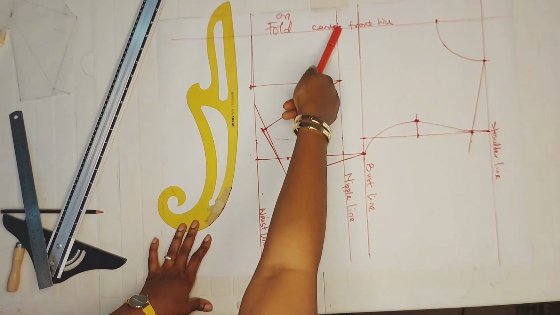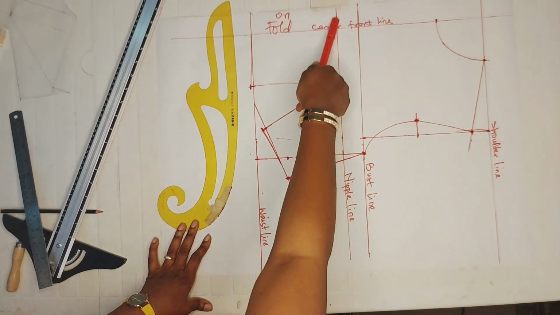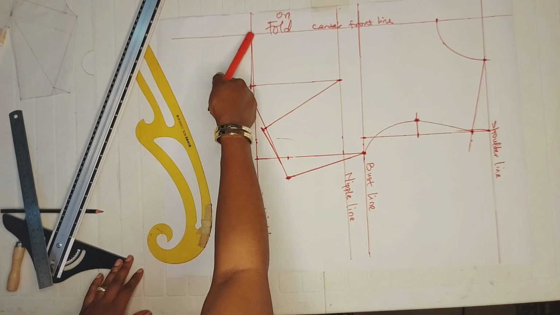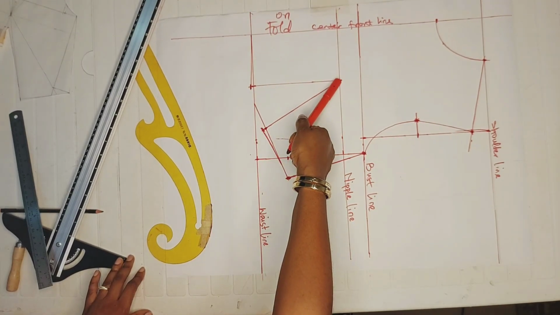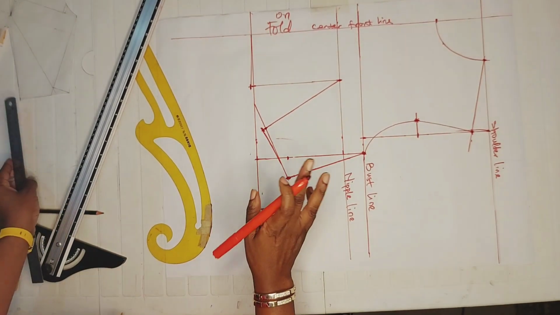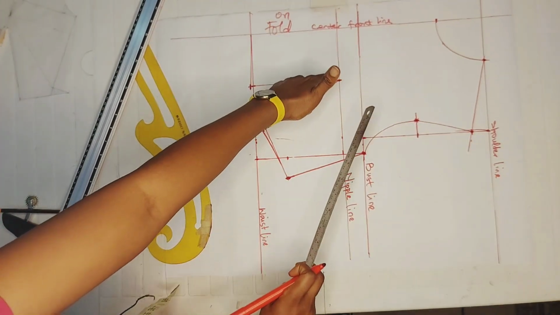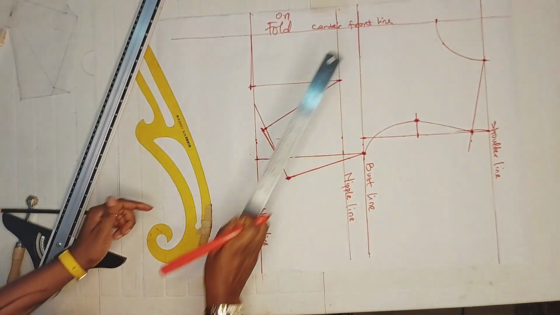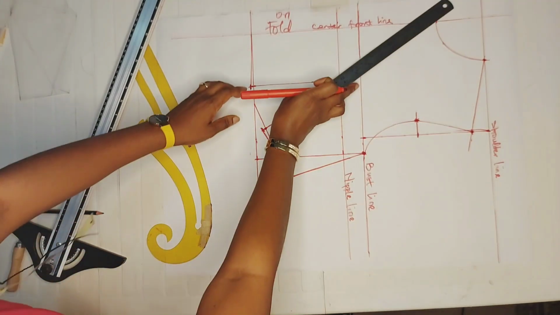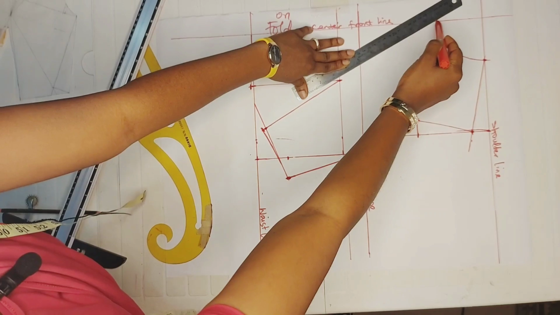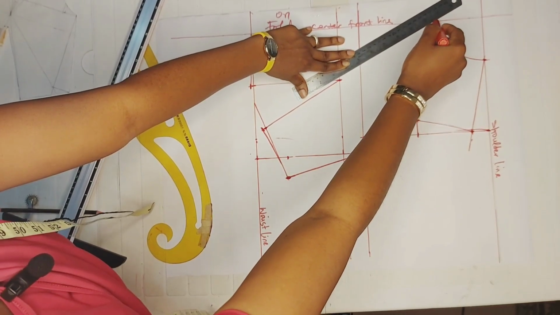Also from the center front line or the side seam, as well as from the waist center front line. So the thing is, anywhere the dart is coming from, it must connect to the nipple point. That's the bust point. So I'll be going right ahead to connect from all these points to the nipple point.